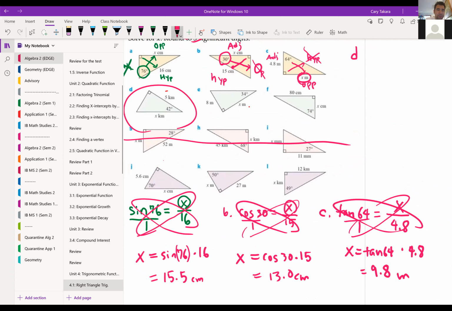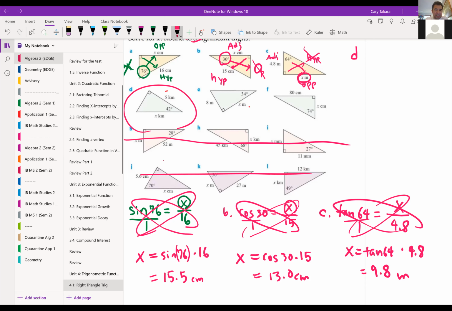So again, let's label. Just do 6 problems. If you have done G, H, and I, you're good, you're done. But if you're willing to go along with me, do a little bit more.